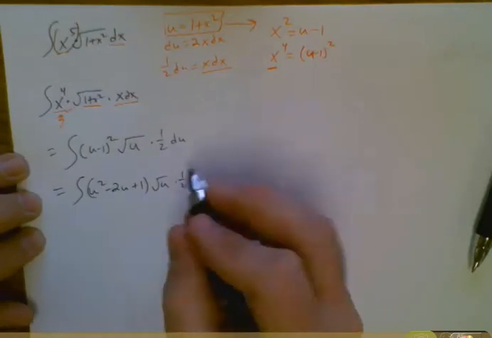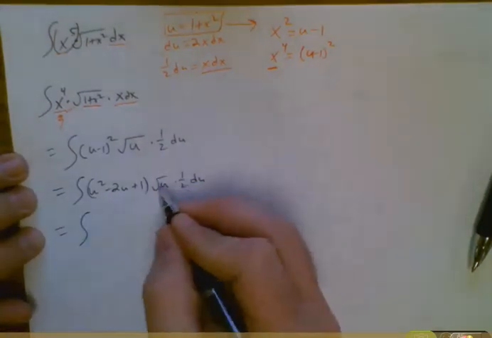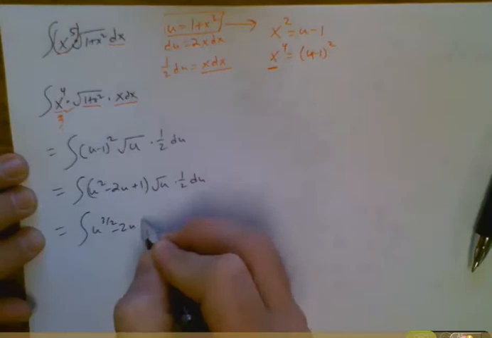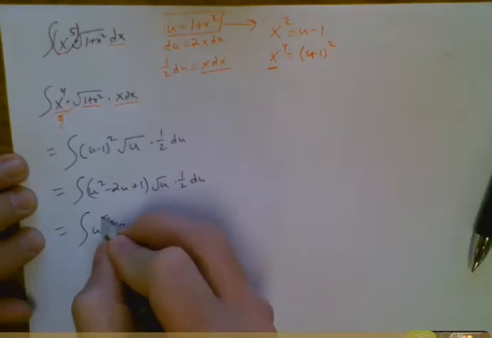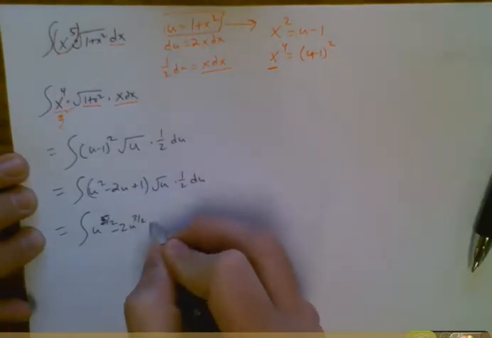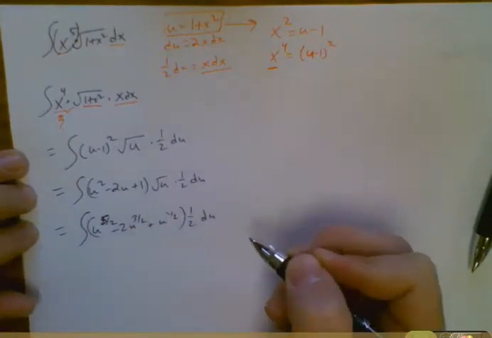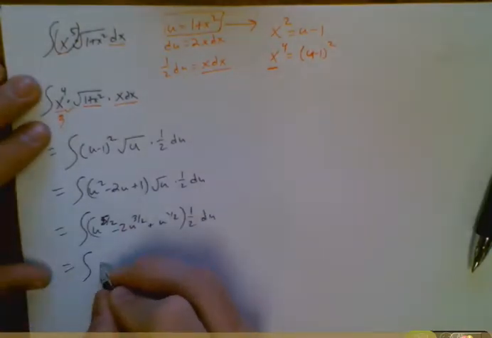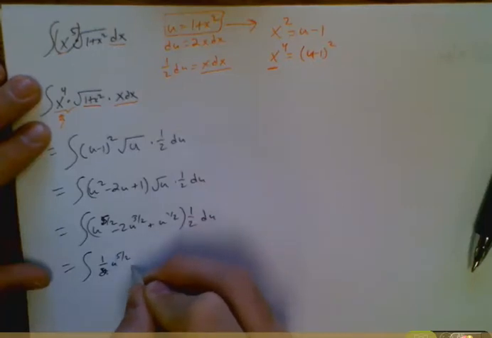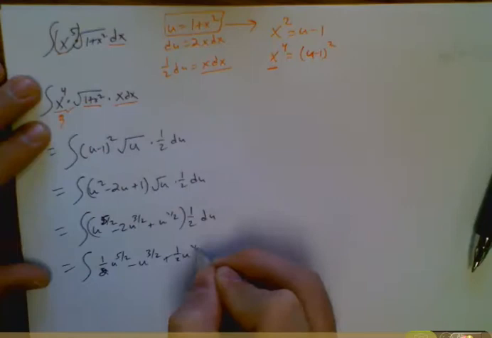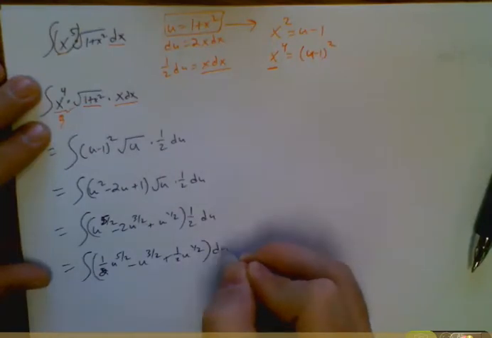Let's go ahead and multiply through by square root of u. So this is going to be u to the 5/2 minus 2u to the 3/2 plus u to the 1/2, times 1/2 du. So this is going to be 1/2 u to the 5/2 minus u to the 3/2 plus 1/2 u to the 1/2 du.